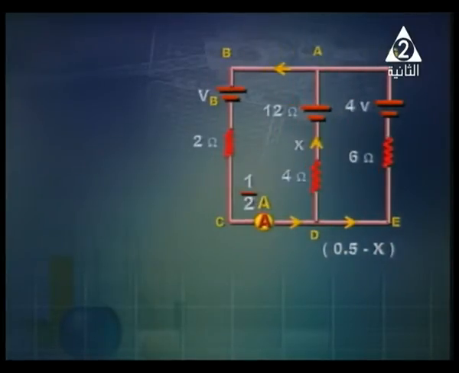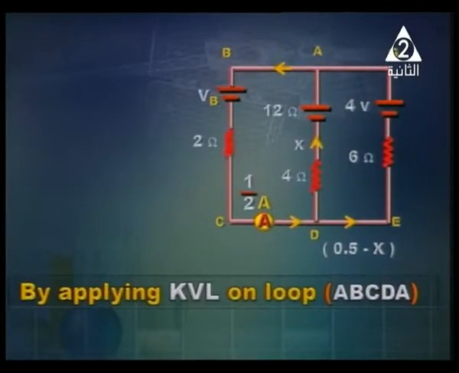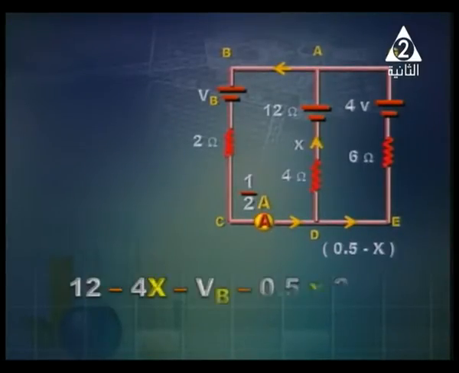We'll apply Kirchhoff's voltage law, loop A, B, C, D, A, and we'll go in the clockwise direction. So 12 minus 4x minus VB. There's something very important I should mention here. The current read by the ammeter is half ampere.